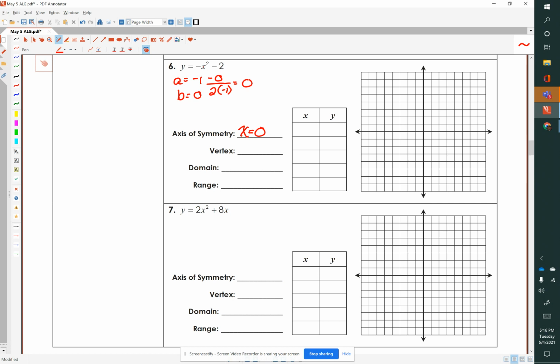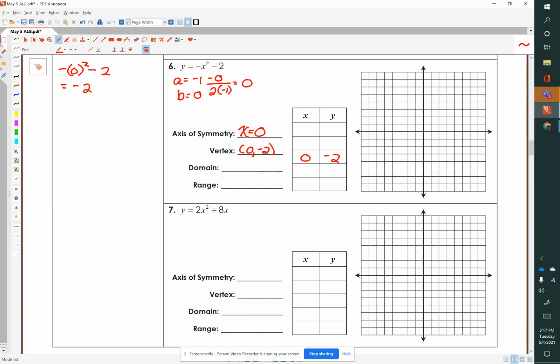So if we evaluate this quadratic at 0, substituting 0 for x, y would equal negative 2. So our vertex is 0, negative 2, which we can put right here in the table.